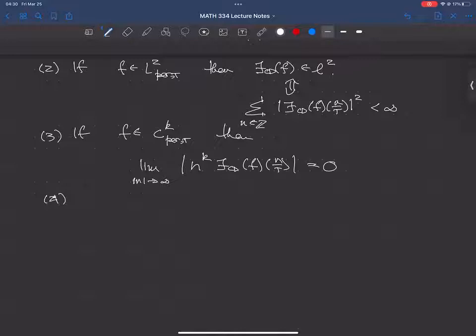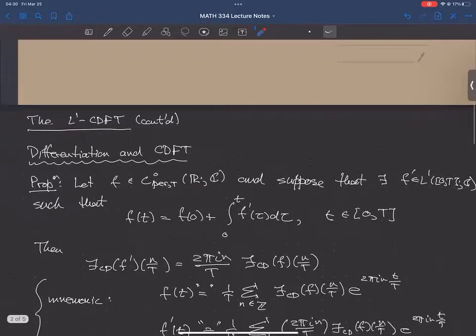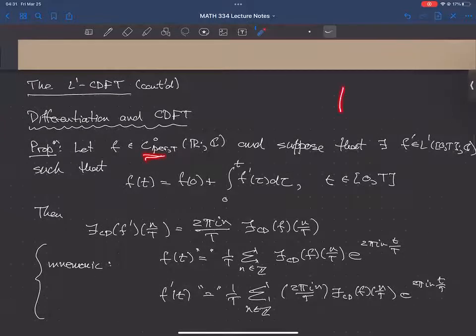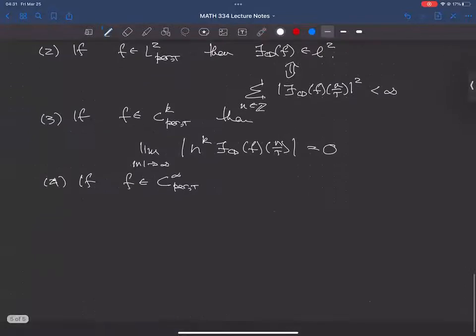And particularly then, if f is in C infinity, I want to reiterate, when I write C^k per, that means that this is C^k on all of R. When we talked above about what it meant for f to be in C^0 per, the value at the endpoints has to match up. Well, when I write C^k per, that means that has to hold not just for f, but for the derivatives as well.